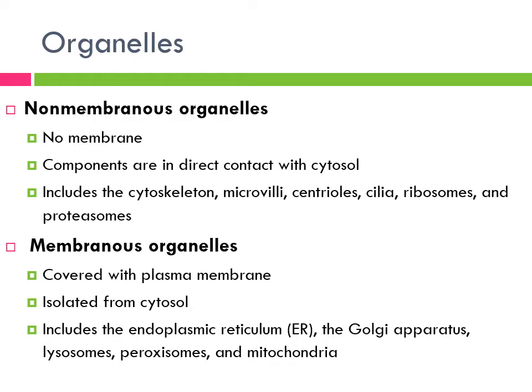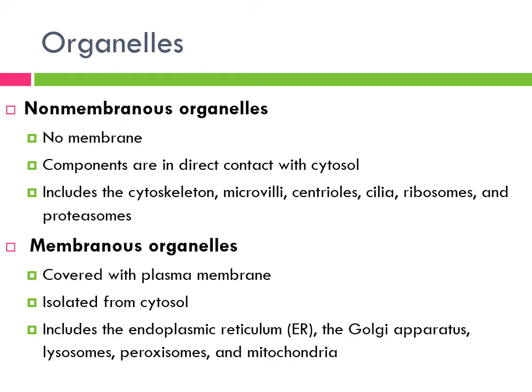Organelles means little organs. We have two types, non-membranous organelles and membranous organelles. Non-membranous, as the name implies, have no membrane, so the components of those organelles are in direct contact with the cytosol. These include the cytoskeleton, the microvilli, the centrioles, cilia, ribosomes, and proteasomes.